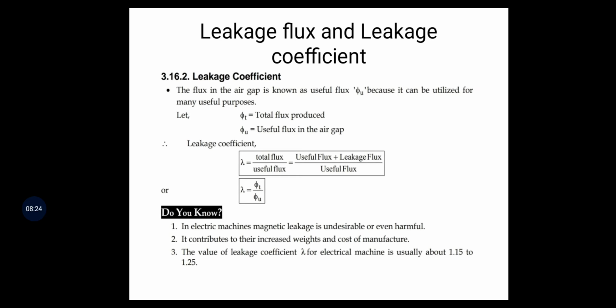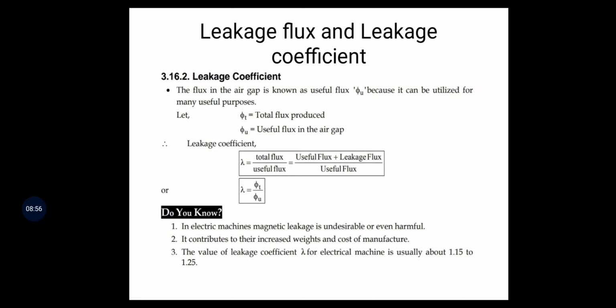So again we repeat the definition. What is meant by leakage coefficient? The flux in the air gap is known as useful flux phi u, and total flux is phi t. Then the leakage coefficient is equal to total flux by useful flux.